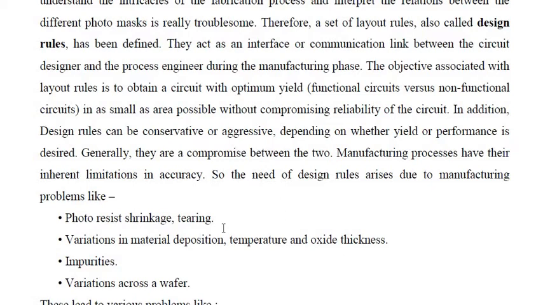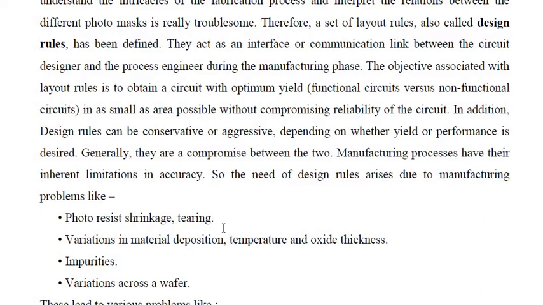All this fabrication process is completely done on a silicon wafer. So taking a proper silicon wafer is very important. If it is not done, then you will have some problems. To mitigate or remove all the problems which occur due to these limitations, we are using these design rules.